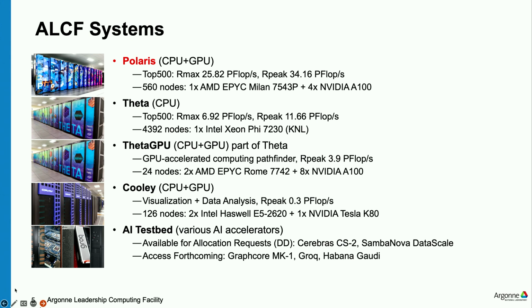Several of them are available for allocation through director's discretionary spending, and those systems are the Cerebras CS2 and SambaNova DataScale. Last week, GraphCore MK1 became available for scheduling, and we're still working on the Groq and Habana Gaudi machines.